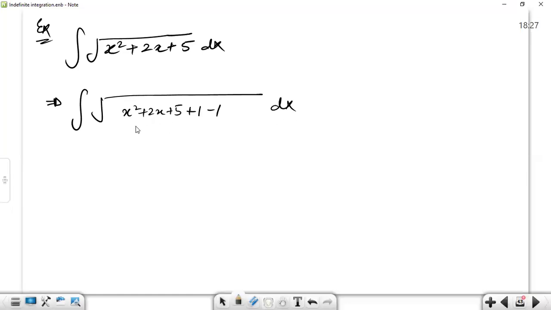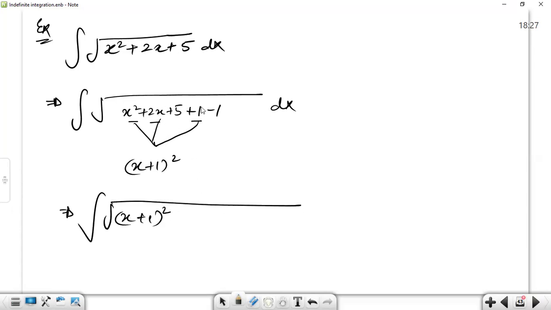So now if we see x square plus 2x plus 1, it's making the expression (x plus 1) whole square. The remaining will be written as the same, (x plus 1) whole square, and the remaining is 5 minus 1, that is plus 4, into dx.